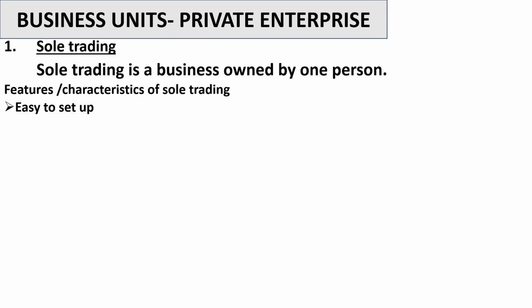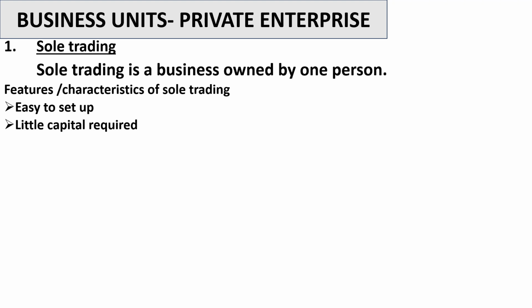The first feature is it is easy to set up. The fact that you can manage it most of the times means the amount of operations that you need to do for it to be running are not that many. So even just for it to start running, it is easy.